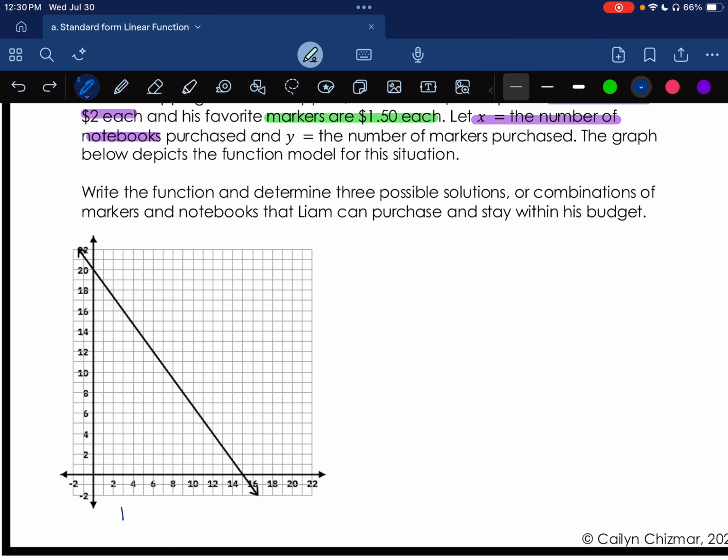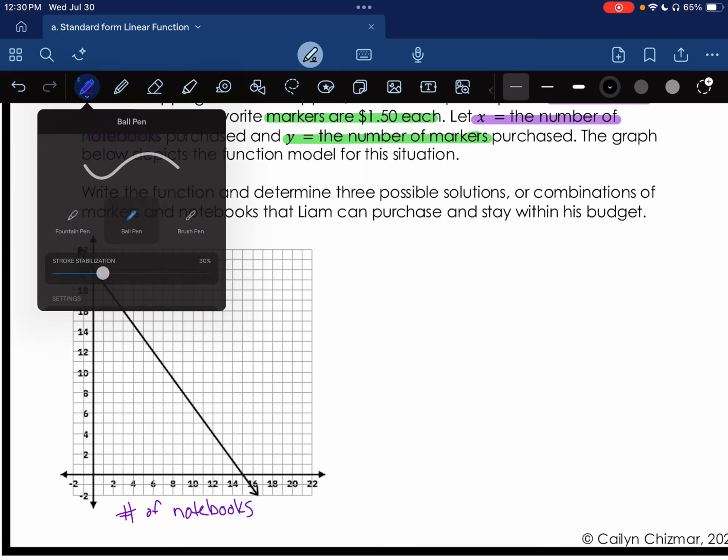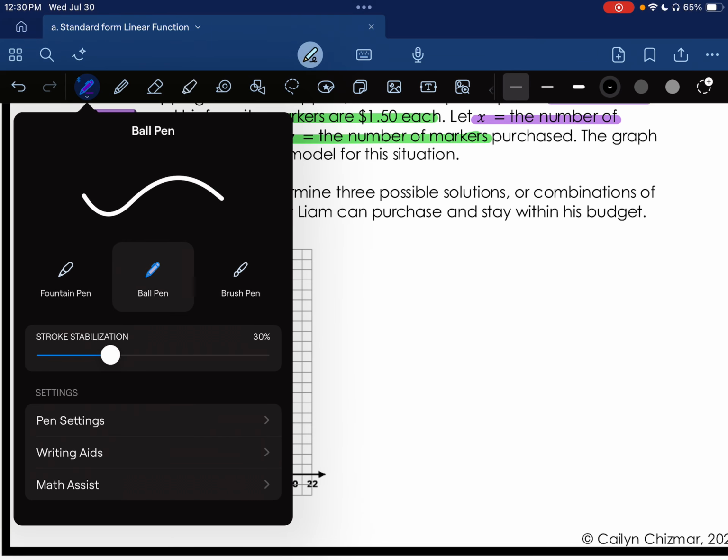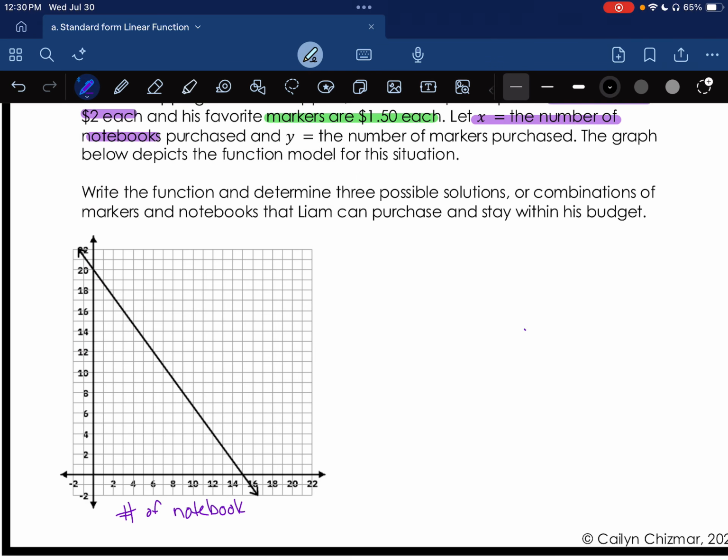All right, and then you keep going, we're going to let Y be the number of markers that he purchases. Number of notebooks. Number of markers.